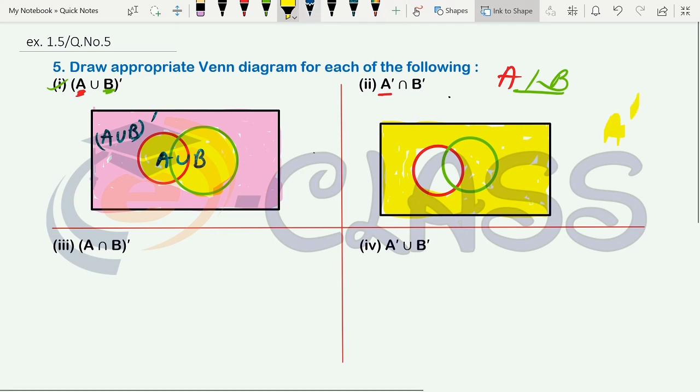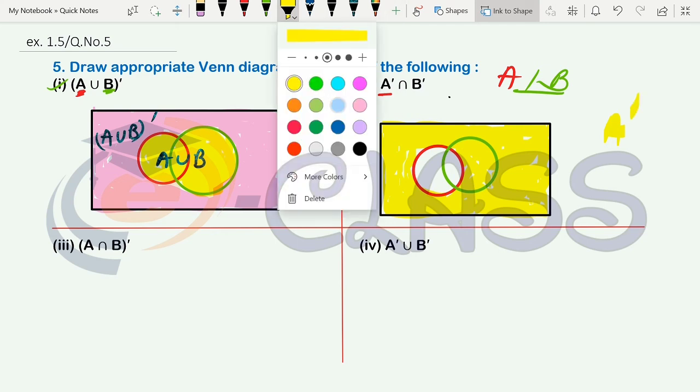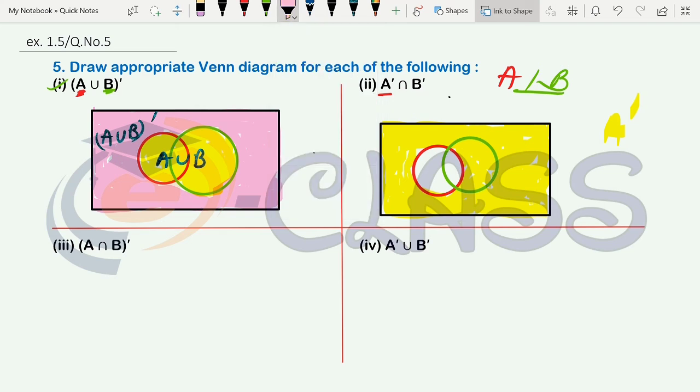Now for B complement, take the pink one.